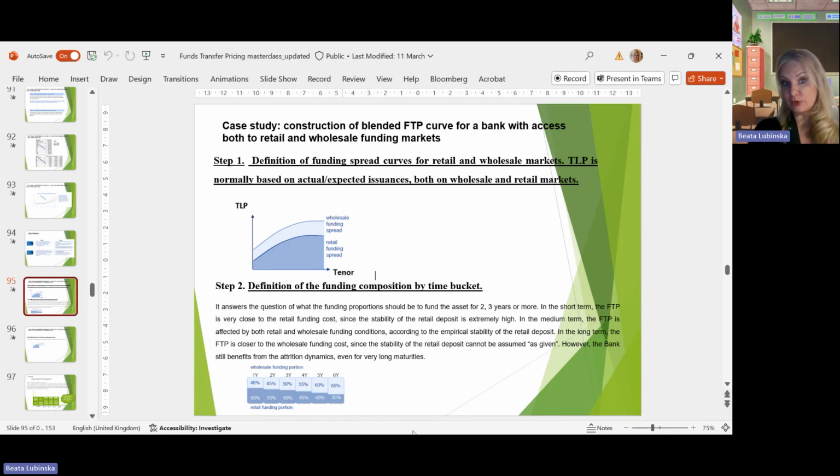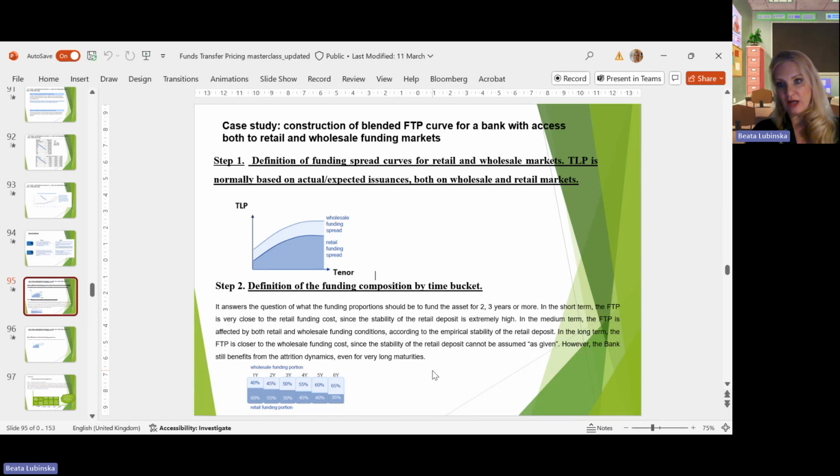So this is very important, and it is why Treasury started to build this FTP based also on NMD. So not only the wholesale funding curve, which I showed you, but also this kind of blended FTP curve.